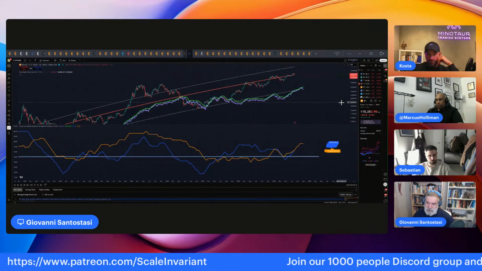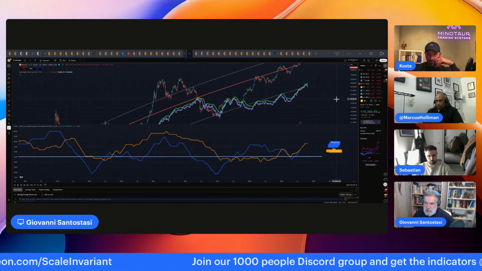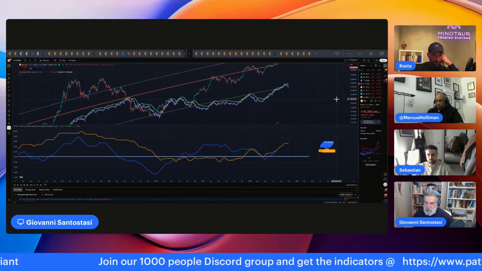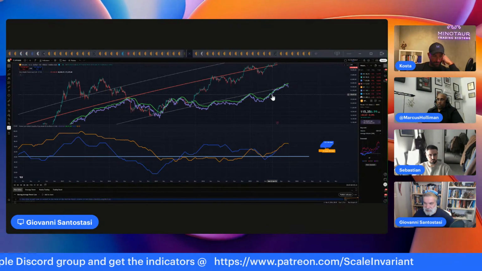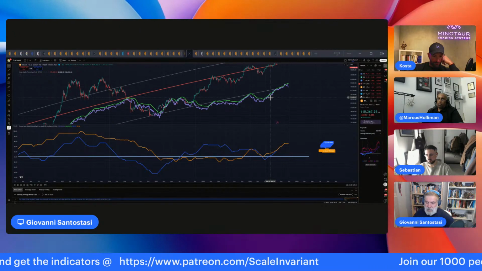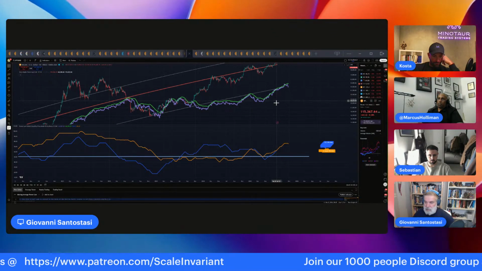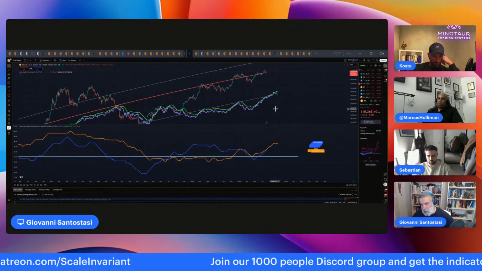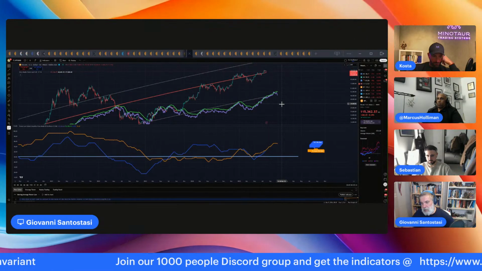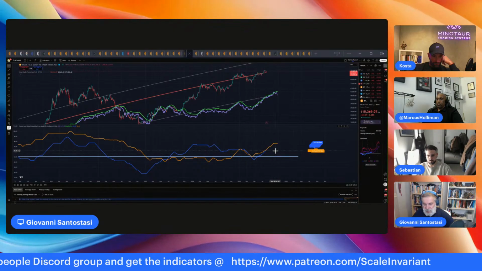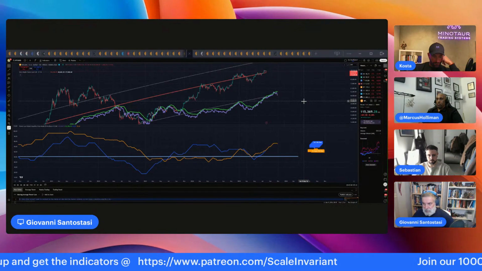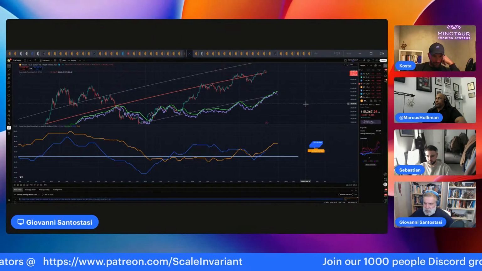Now, I did a little bit deeper analysis. It's close to 70%. 70% of the time when the global liquidity goes up, the price also goes up. So directionally, it's a good indicator of what to expect over a relatively short amount of time.